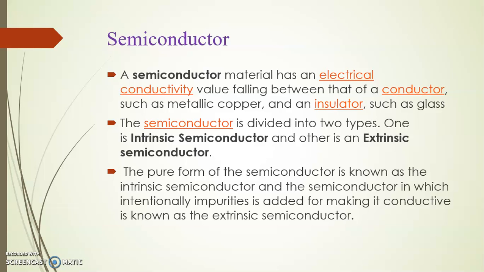A semiconductor has the properties of both conductor and insulator. Its property lies between the conductor and insulator. So a semiconductor material has an electrical conductivity value falling between that of a conductor material like metallic copper and an insulator such as glass.